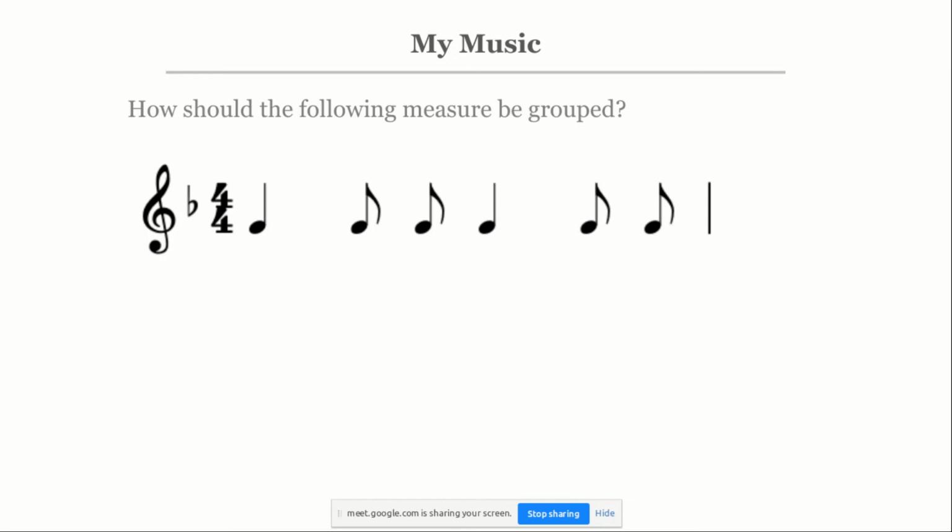It says 4, so it's being grouped in crotchets. Yes, 4 crotchets. Yes, there are 6 notes, but we should be having 4 beats. Now you see, the reason you said 6 is because the grouping is done badly. If the grouping was done correctly, you could clearly see the 4 beats.